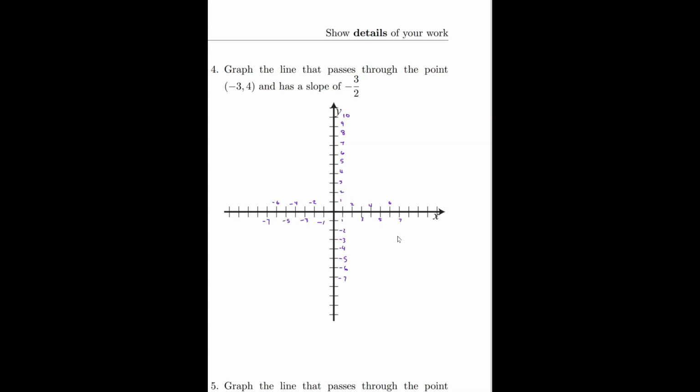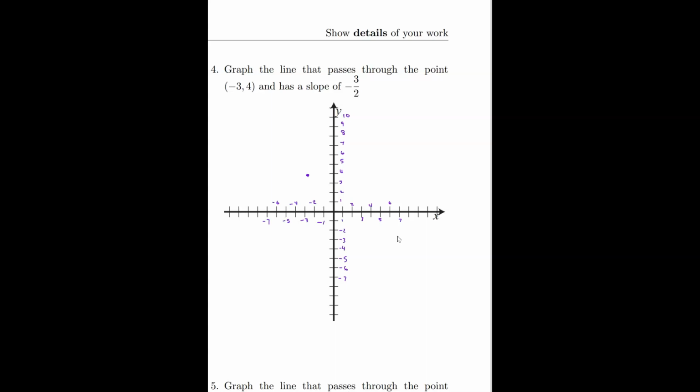So now I'm told I have a -3, so I'm going to come over to the left 3, and then I'm going to come up 4. And if I can plot that reasonably well, it looks like that should be it.